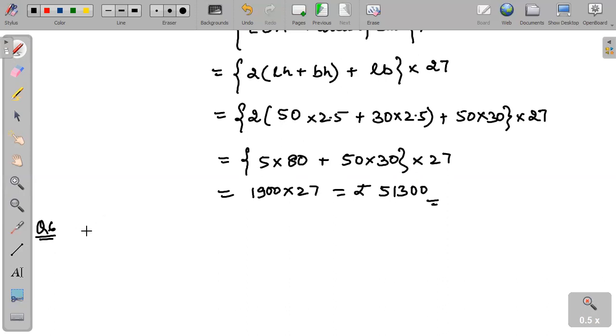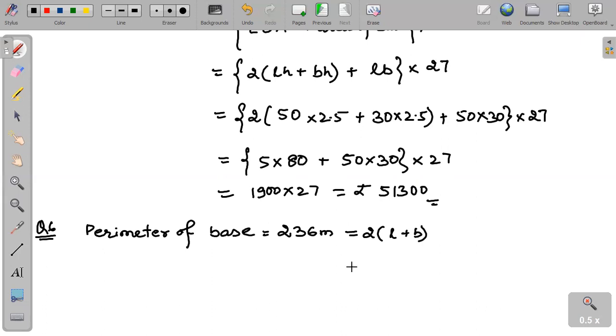So the perimeter of the base is given, 236 meter. One more thing to write here: this is equal to 2 into L plus B, okay. Then height is equal to 4.5 meter.